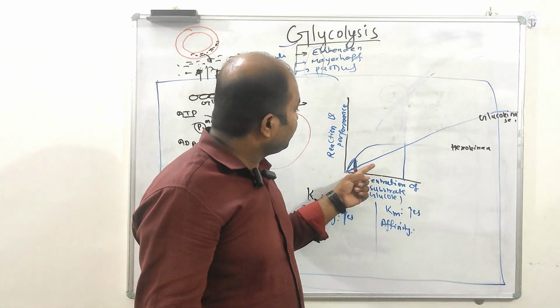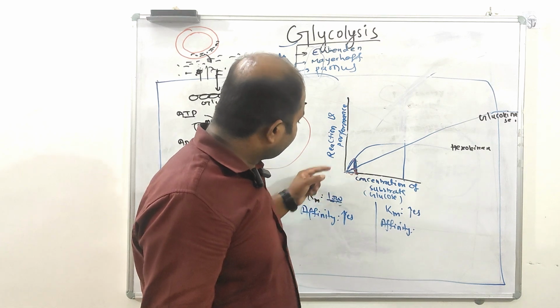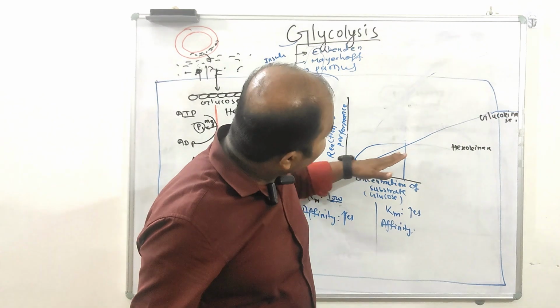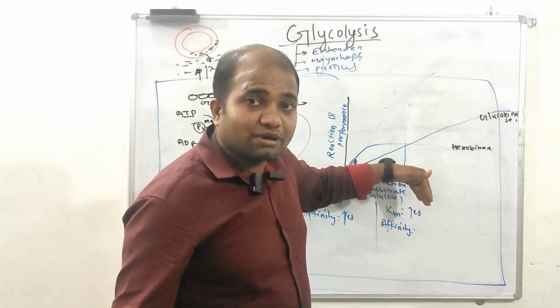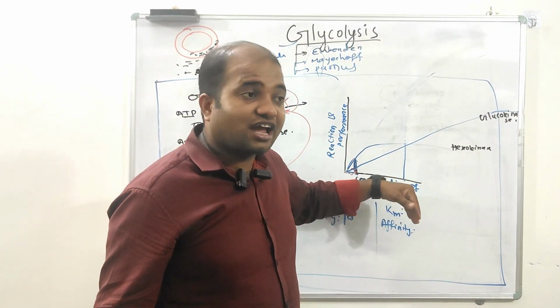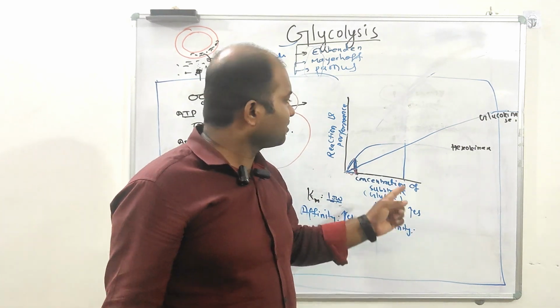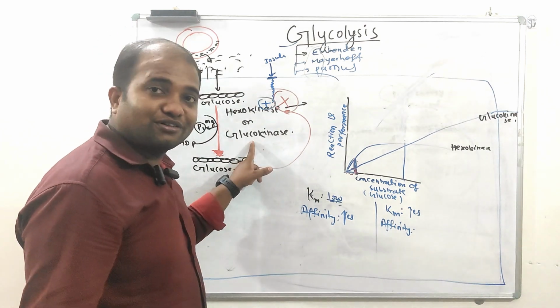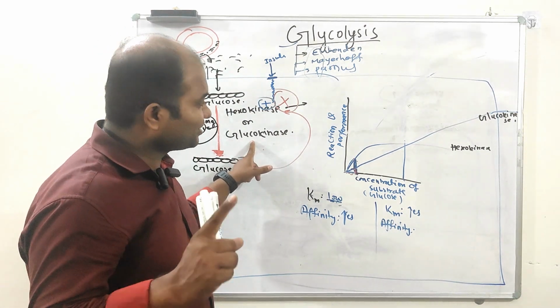At that time glucokinase will keep increasing its reaction velocity, keep increasing its performance, so that the maximum glucose can be utilized or stored, right? Maximum glucose can be utilized or stored. So glucokinase is present in the liver. Are you getting it?